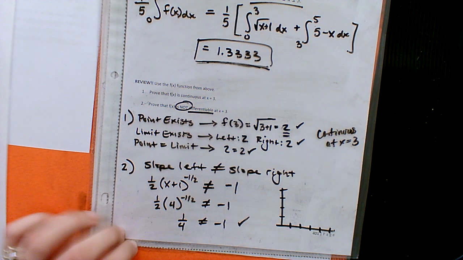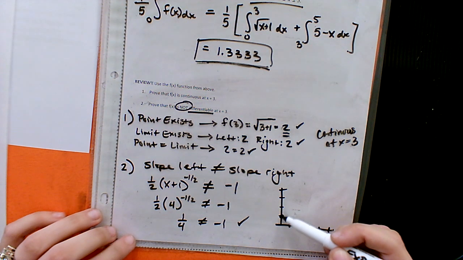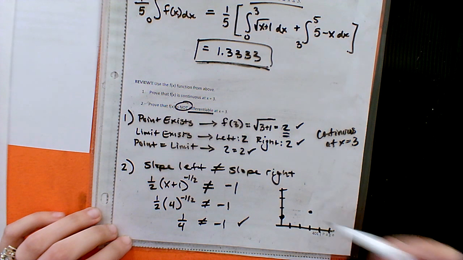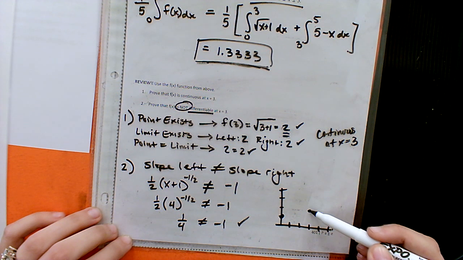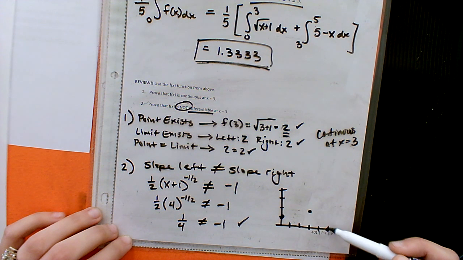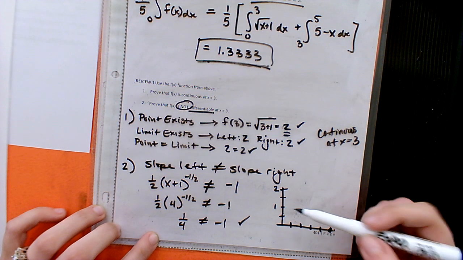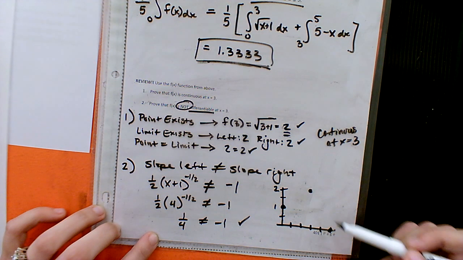So I think if we were to actually graph this piecewise function, we'll go all the way to 5. Let's see, if I plug in 0 into that square root function, I'll get 1. If I plug in 3, I'll get 2. And then for the line, if I plug in 3, I get 2. If I plug in 5, I get 0. I'm going to count these by halves, just so it's better.